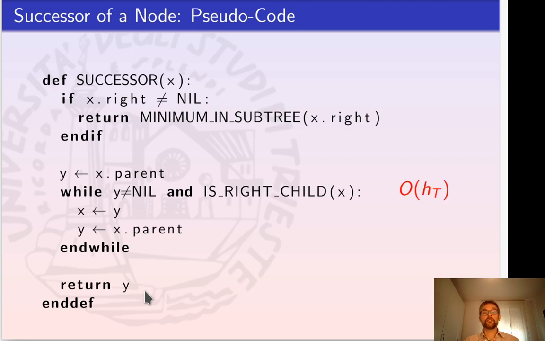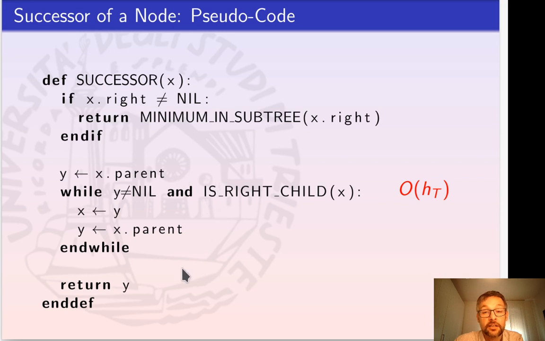So what's the complexity of this pseudocode? Well, finding the minimum in a subtree, we saw it before, takes time big O of the height of the BST. And this procedure may go through a whole branch, going from a leaf up to the root.